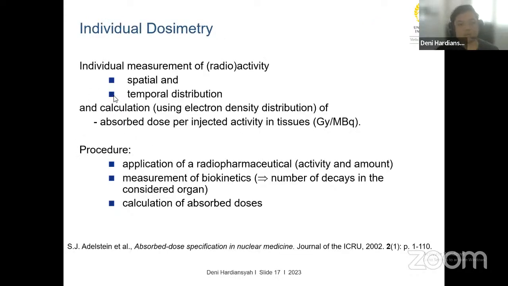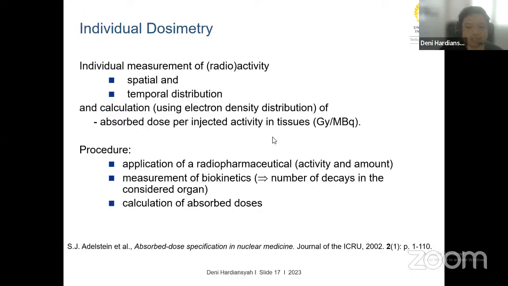So here, what we need to care about is the individual measurement of the radioactivity. Some information that we also need to take into account is the spatial and temporal distribution, and calculation using electron density distribution of absorbed dose per injected activity in tissue.